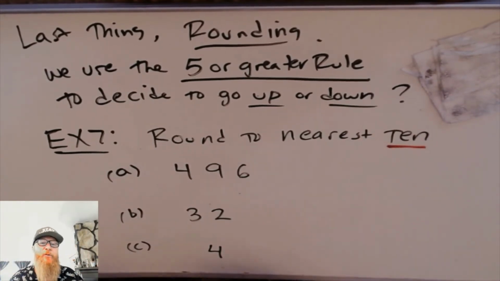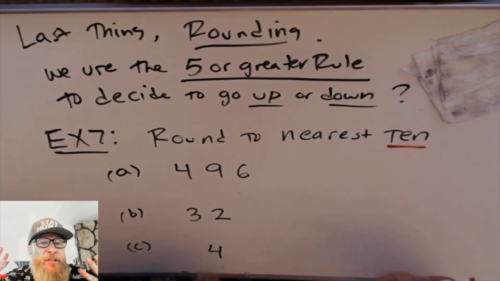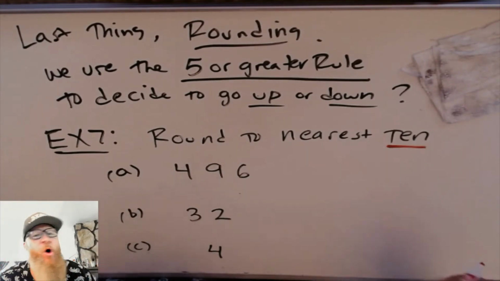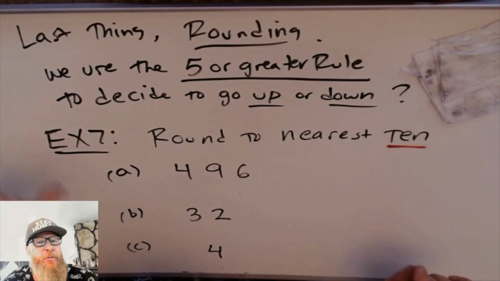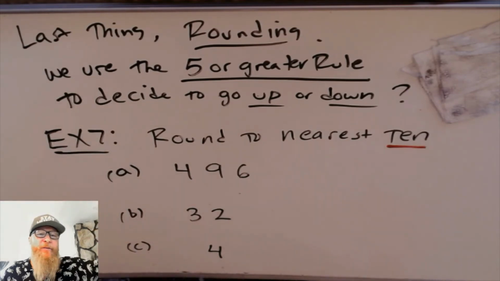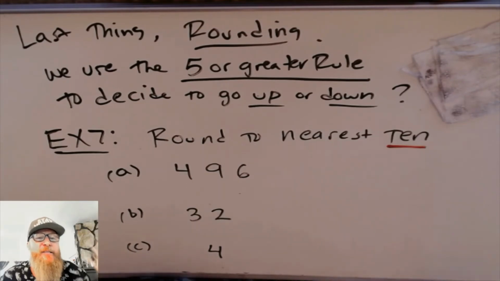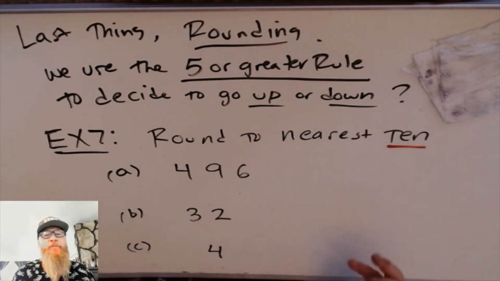Now here's the deal with rounding. I want to just make this very clear now. It happens in all my classes, from pre-algebra all the way through all the different levels of algebra, all the way into trig, pre-calculus, and calculus. I still have to deal with the concept of rounding.